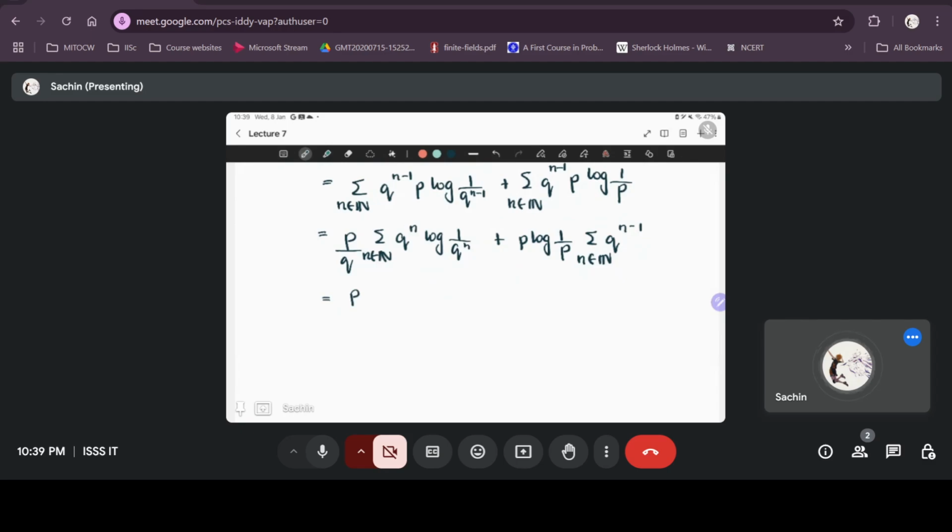You can write this as p over q log of 1 over q summation n q power n, n is a natural number, plus p log of 1 over p, 1 over q common here too, q power n, n is a natural number.